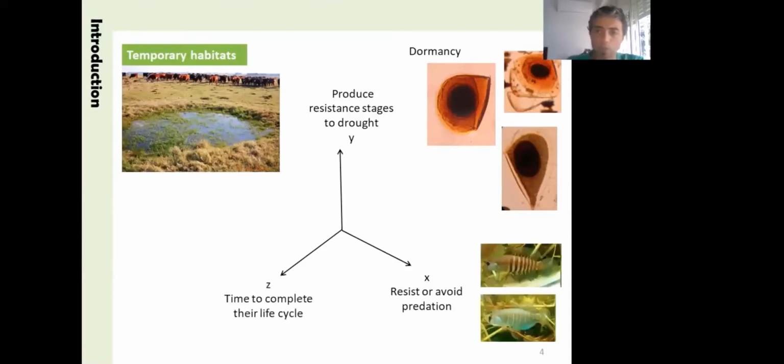And the time to complete their life cycle is another very important aspect for surviving these temporary habitats. So organisms can move between these three axes and present a very wide range of responses to these temporary habitats.